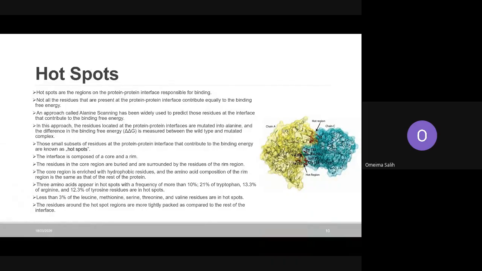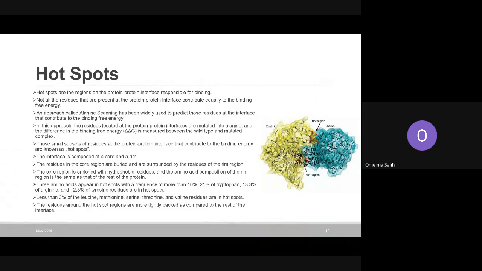Once it is introduced within the polypeptide chain, it doesn't change the conformation of the polypeptide chain, nor does it get into reactions with other amino acid side chains.